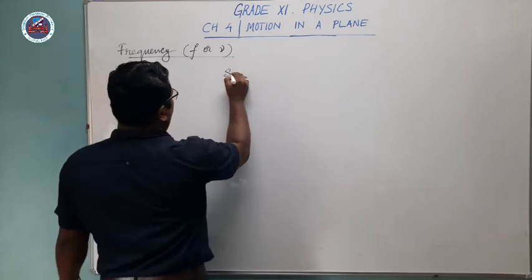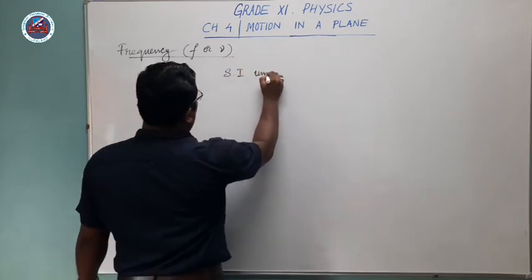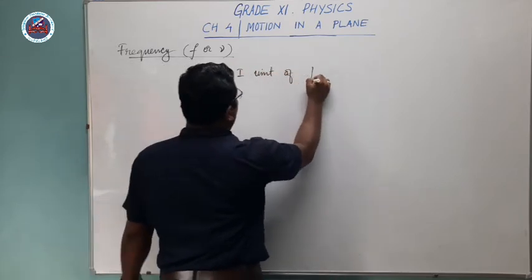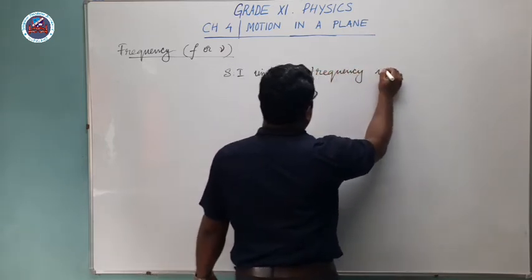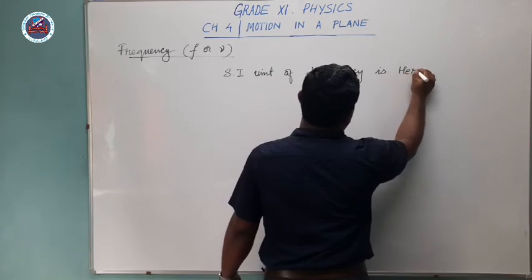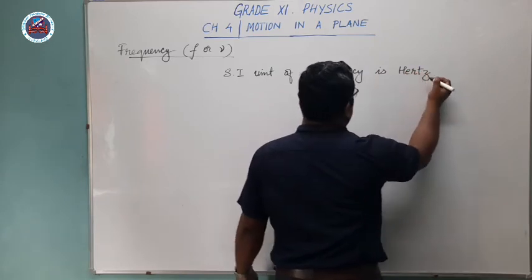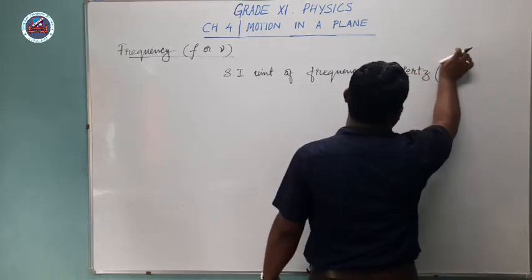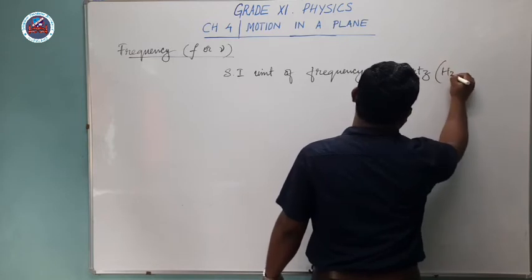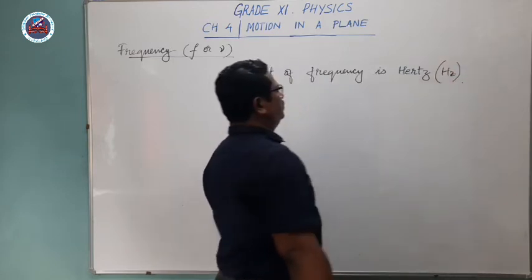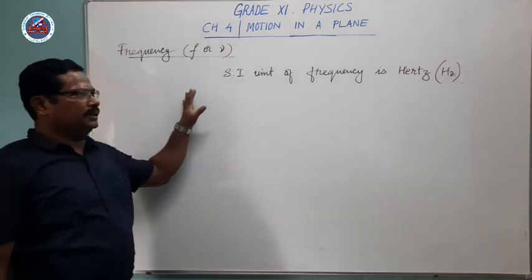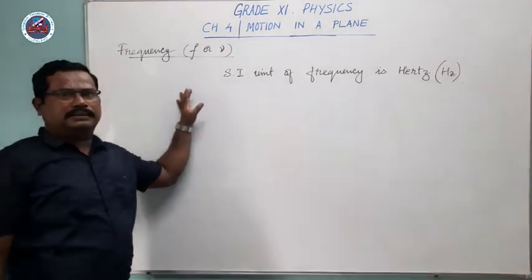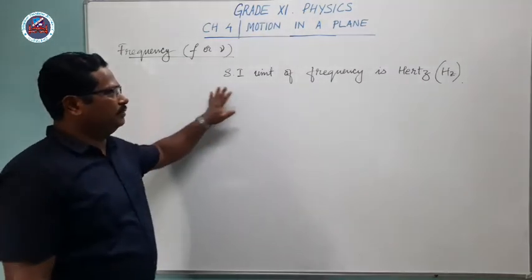The SI unit of frequency is hertz. We write in short as Hz. It represents the number of revolutions completed in 1 second.